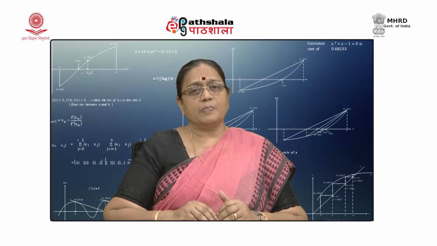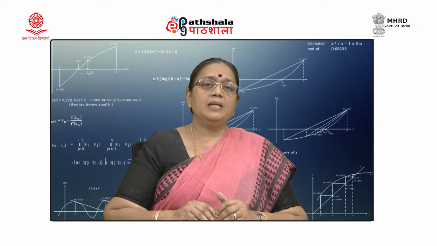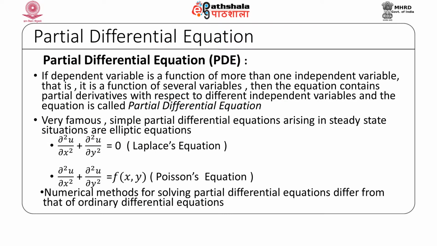There are very famous partial differential equations known as elliptic equations, namely the Laplace differential equation and the Poisson differential equation. The Laplace equation is ∂²u/∂x² plus ∂²u/∂y² equal to 0.